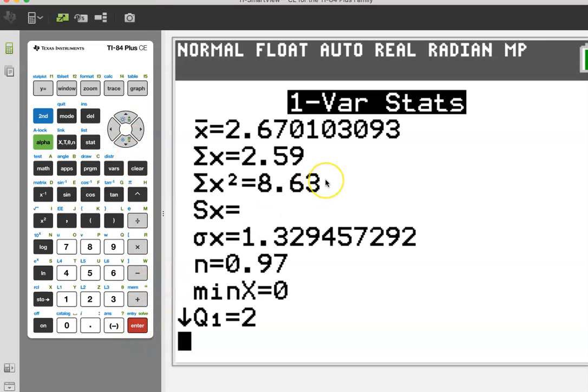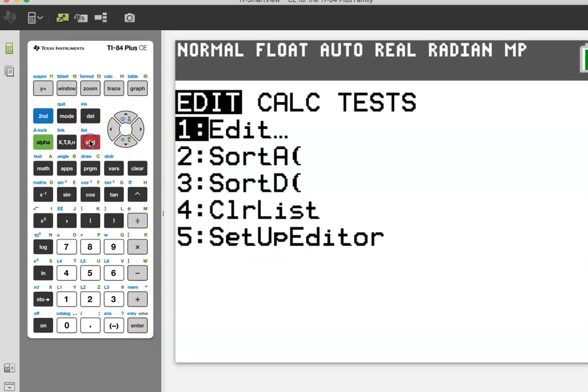So let's calculate. We get a whole bunch of stuff here. We can see our mean is the first thing, and that's what we found earlier. 2.6, ours was 2.68. We must have rounded somewhere in there. And then our standard deviation is the sigma sub x, so 1.3. You know, I wonder if I entered something in wrong.